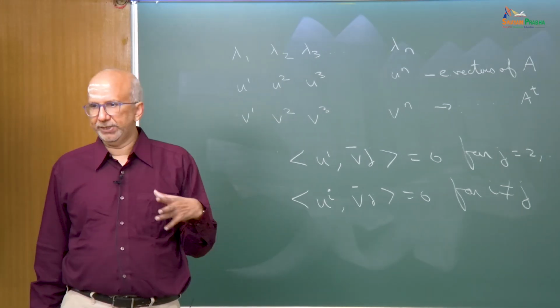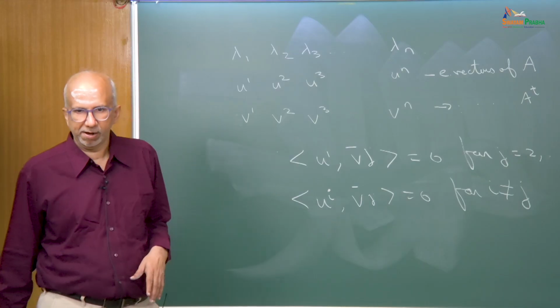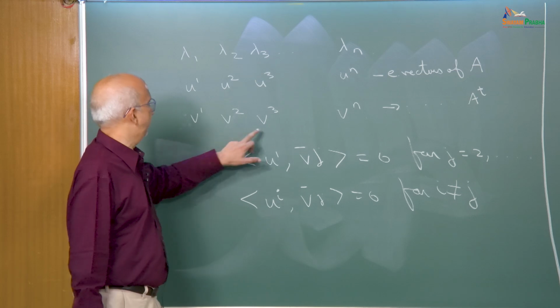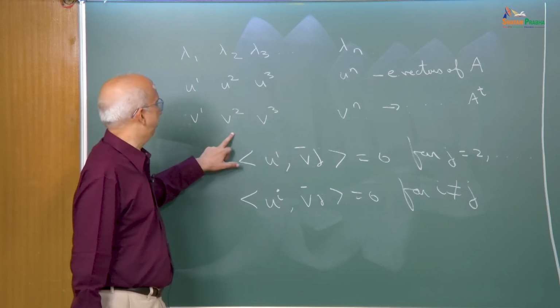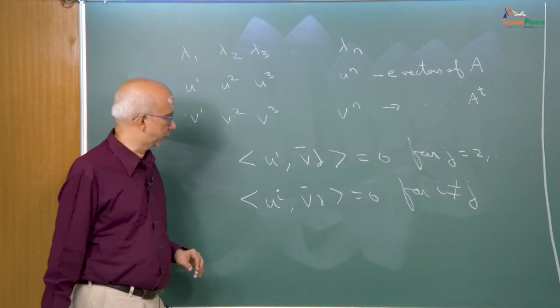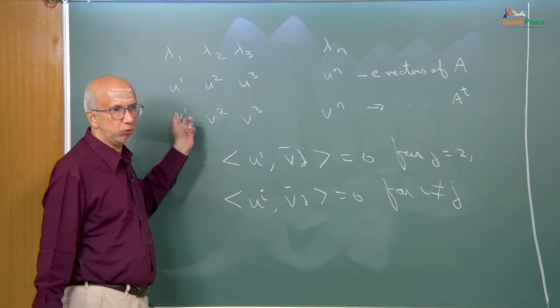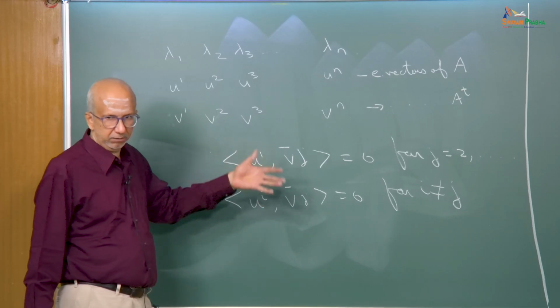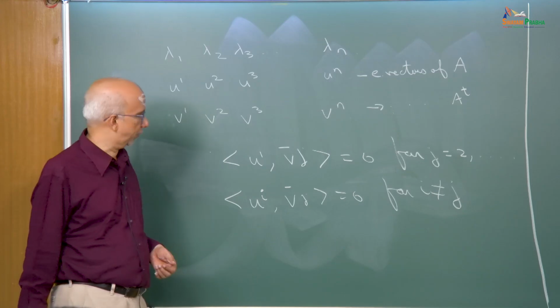If i is equal to j, it is non-zero. So, u2 is perpendicular to v1, v3 etc. u3 is perpendicular to v1, v2, v4. You have to be clear about this: perpendicular not to this but the complex conjugate of it. If these vectors are real, it does not matter.